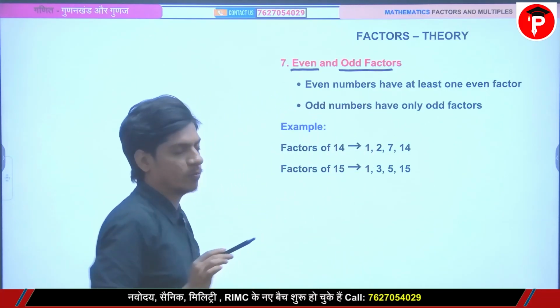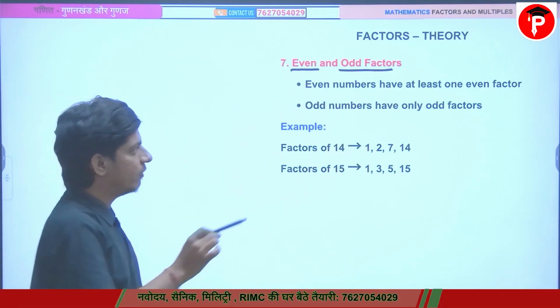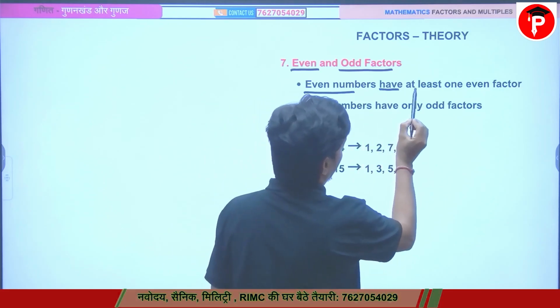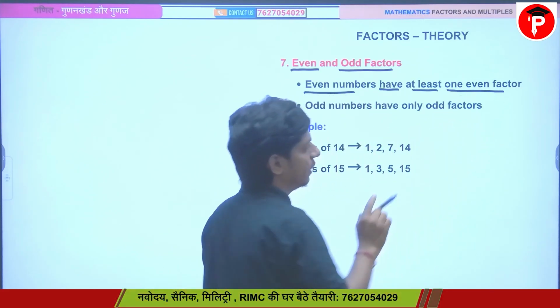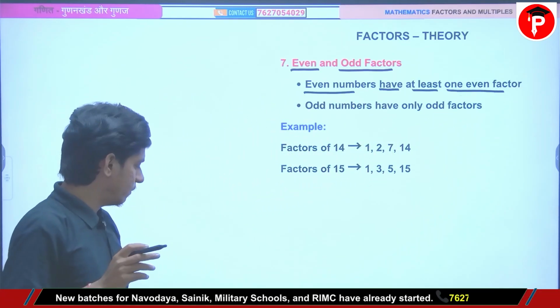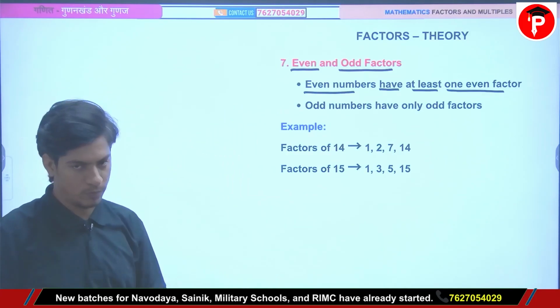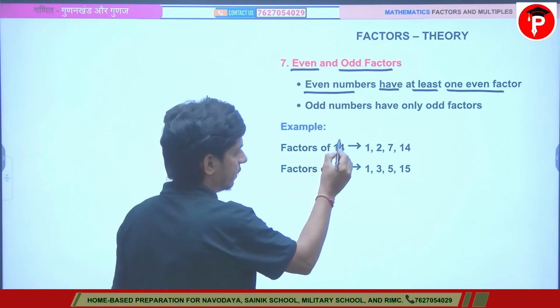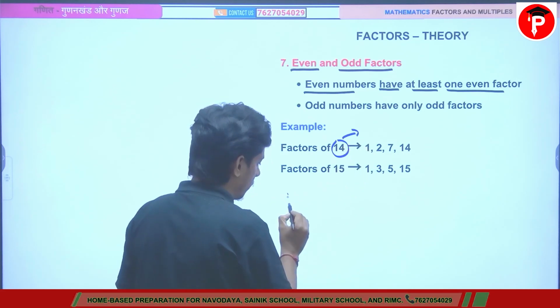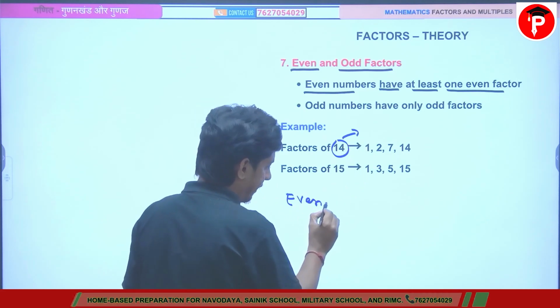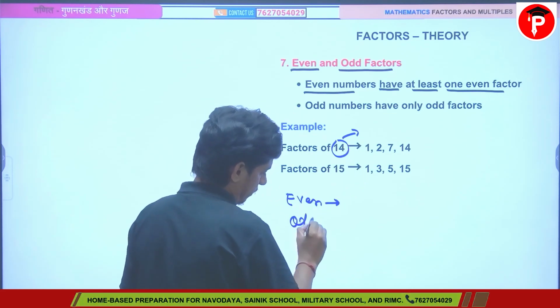Next, even and odd factors. Yes, this is something new. Even numbers have at least one even factor. It means we should get at least one even factor. More than one, no problem. If we look at 14, this is an even number. Do you know about even and odd? Let's do a quick revision.